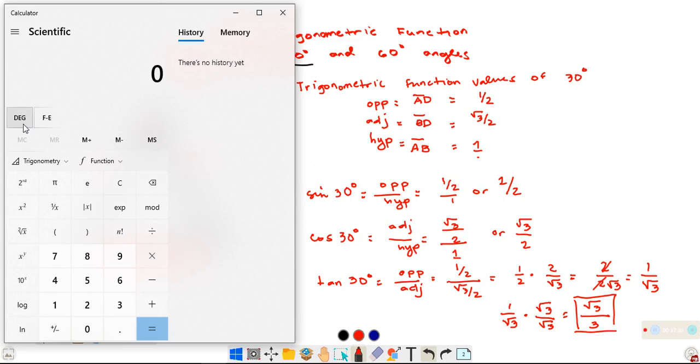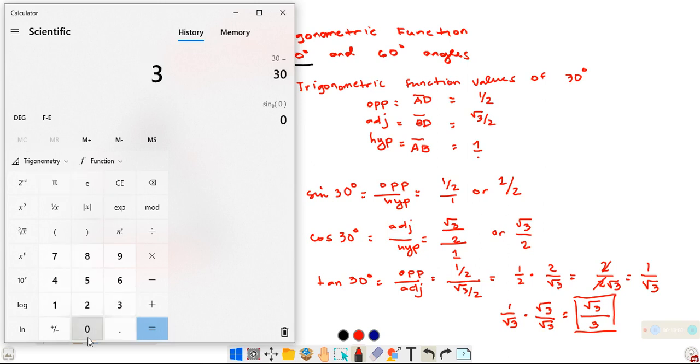So kunin natin ang value ni sine 30. Sine 30 is sine. Tapos input natin yung value niya. We have 30. Ay, mali. Paano nga ba ito i-clear? Ayun.